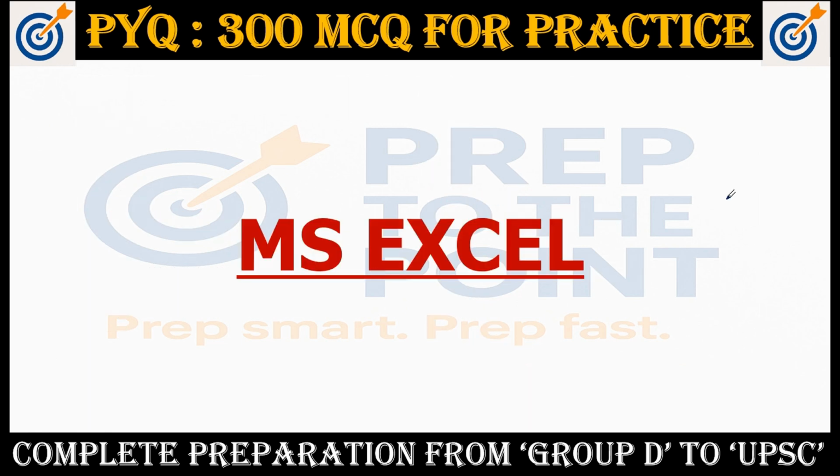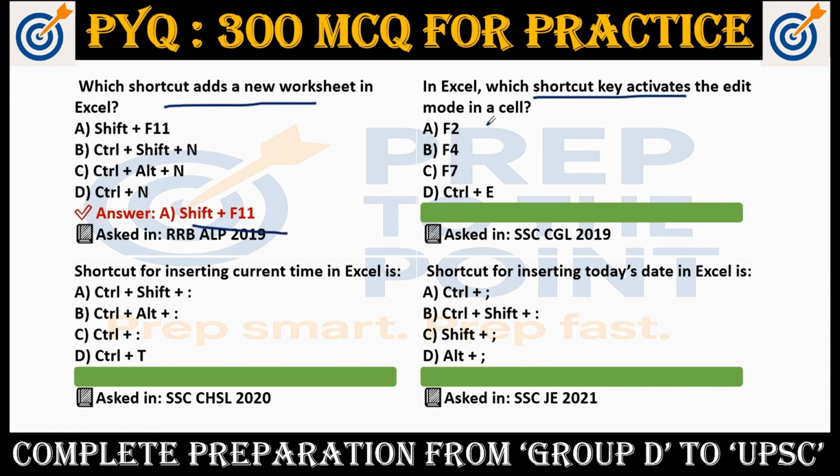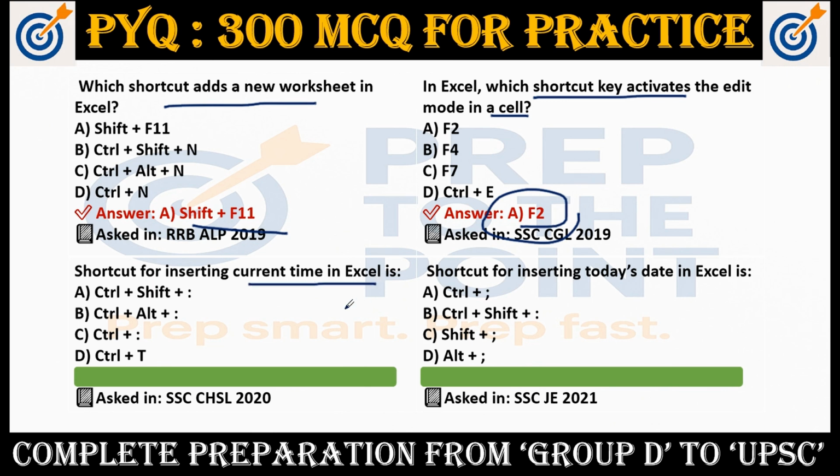Now MS Excel shortcut keys. Which shortcut adds a new worksheet in Excel? Shift F11. Which shortcut key activates the edit mode in a cell? F2. This is very important. Shortcut for inserting current time in Excel: Control Shift colon.